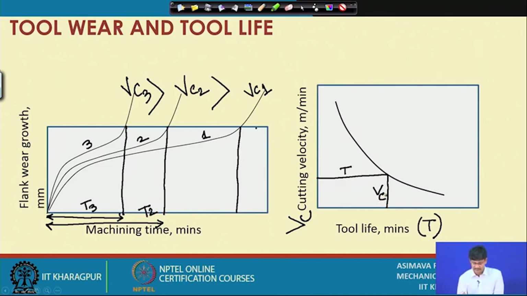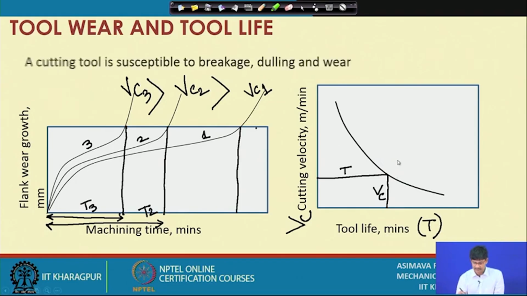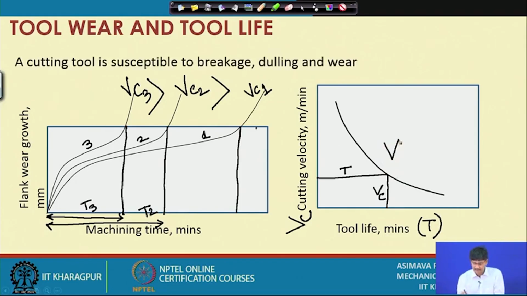What is this particular relation? V into T to the power n is equal to constant. This is called Taylor's tool life equation.